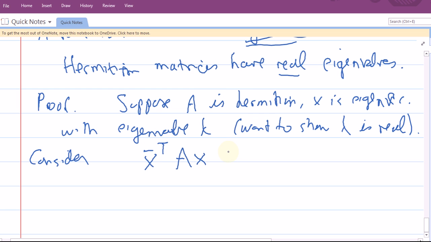We know that that's equal to x conjugate transpose times Ax, but Ax is lambda x. So it's x conjugate transpose times lambda x. Now I can bring the lambda out front, so that's equal to lambda times x conjugate transpose times x.